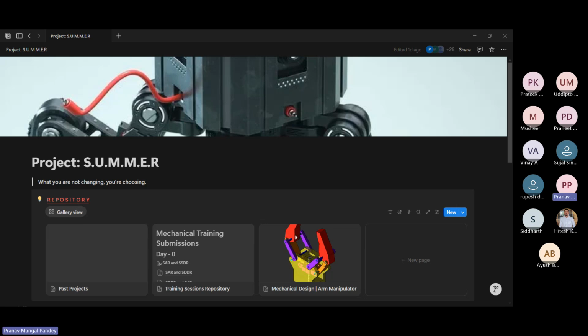There are 6 people right now for the feet design, 3 people for the end effector. I would like you guys to also announce it in your informal group right now, what this is all about. And there's time till the 16th. So you guys can work upon this.